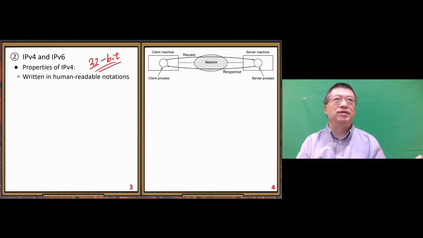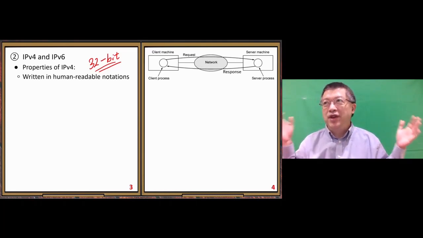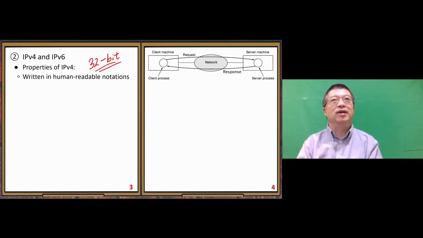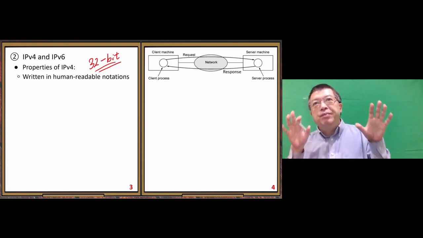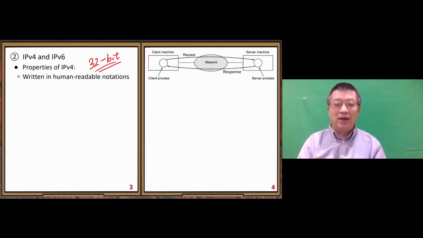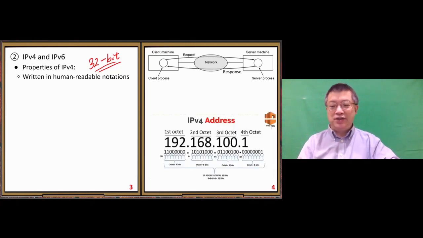Nobody can memorize that 32-bit string. So people try to make it relatively easier to memorize. How to do it? Using this way.